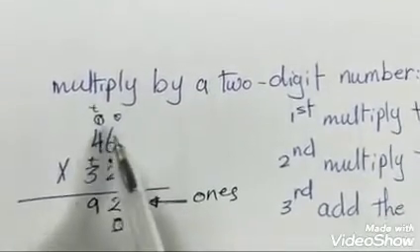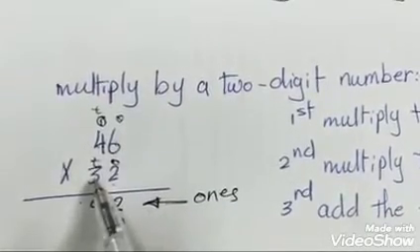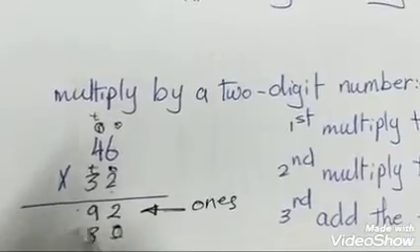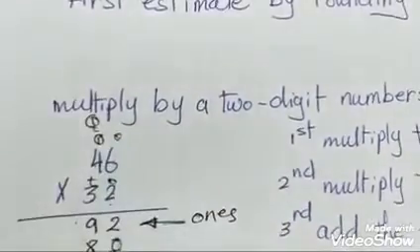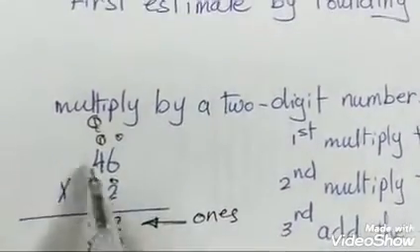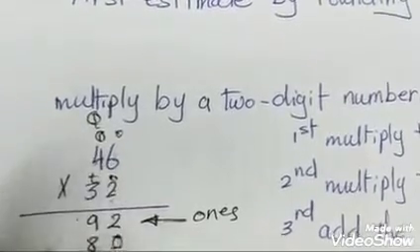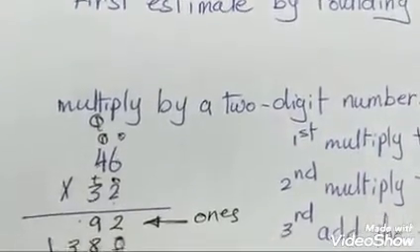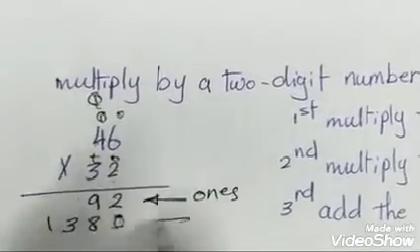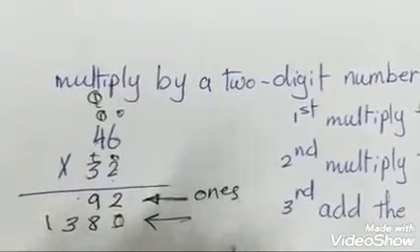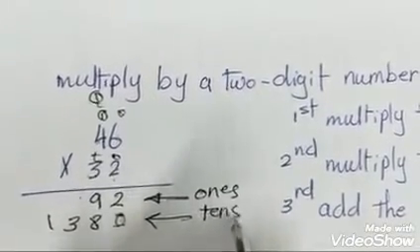Now 6 times 3 equals 18. 8 and carry 1 up. 4 times 3 equals 12. 12 plus 1 equals 13. Okay, this is the partial product for ones and this is the partial product for tens.